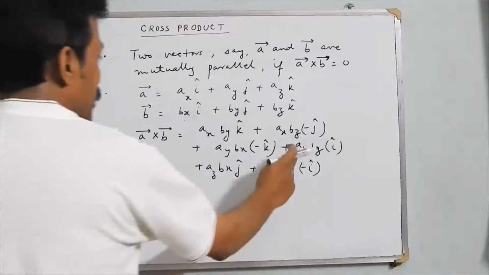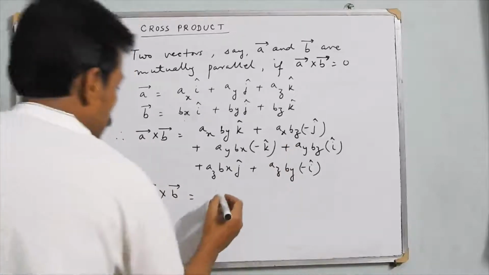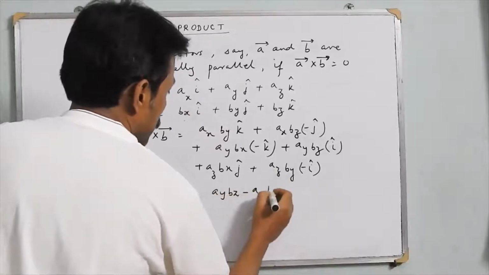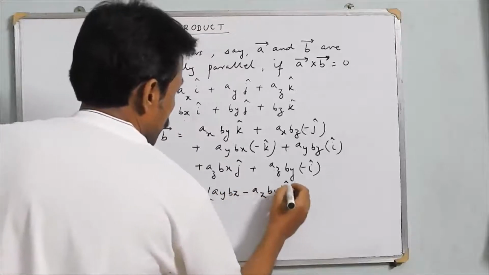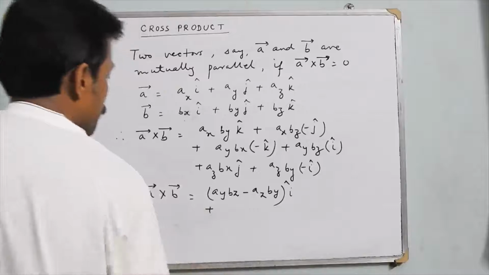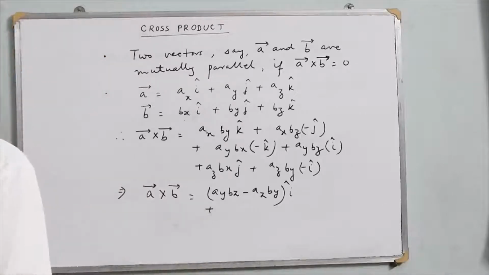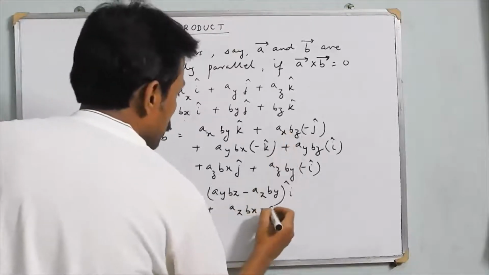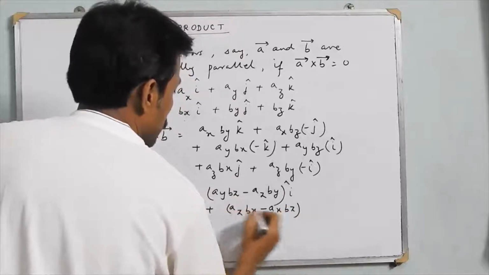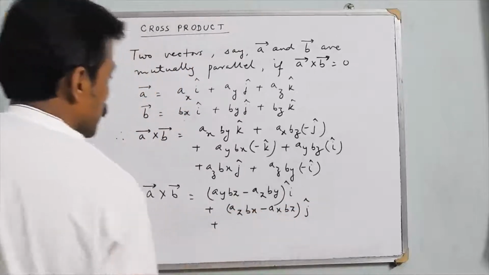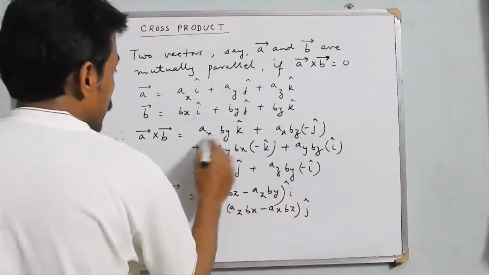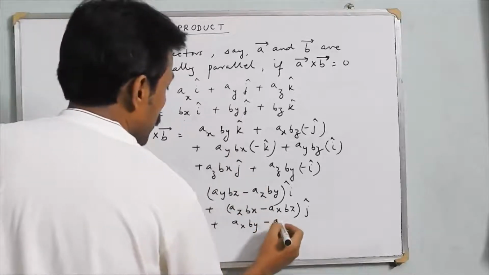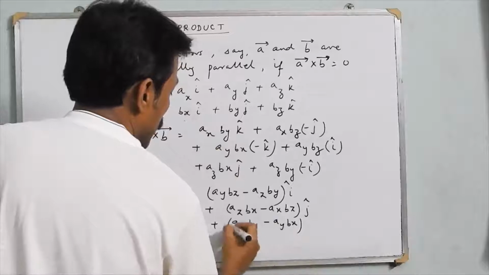For i hat you have Ay Bz and Az By: Ay Bz minus Az By, plus, take the coefficients of j hat, you get Az Bx minus Ax Bz j hat, plus the coefficients of k hat, that is Ax By minus Ay Bx k hat.